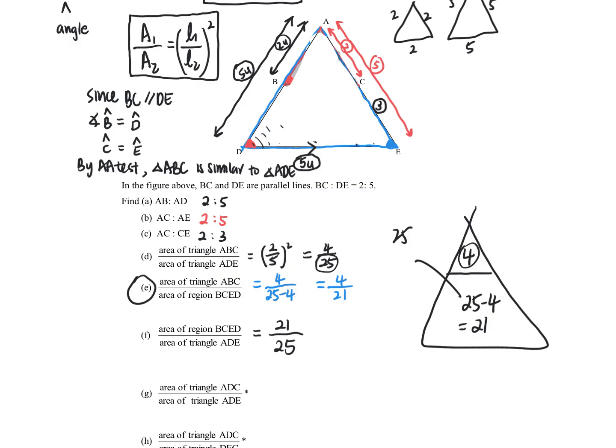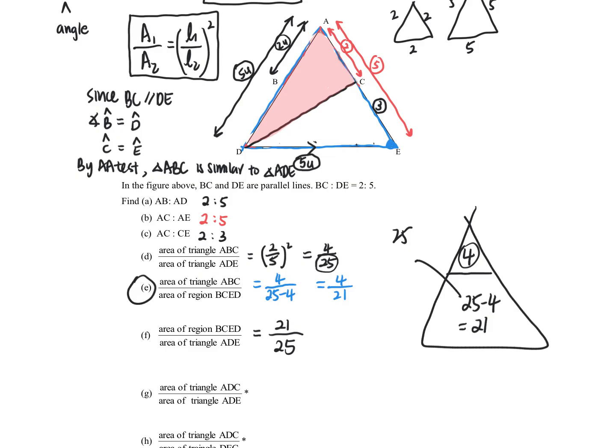They want ADC, which is this one, and ADE, the whole thing. What kind of triangle is this? Just now we had triangles with common height. It's triangles with common height.